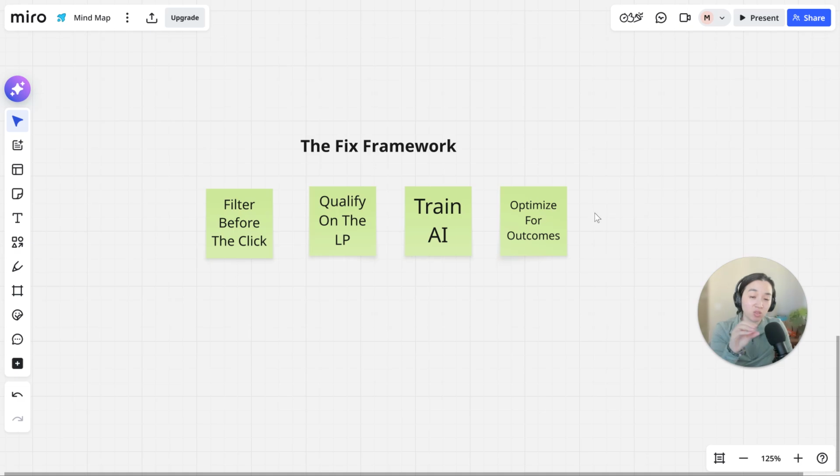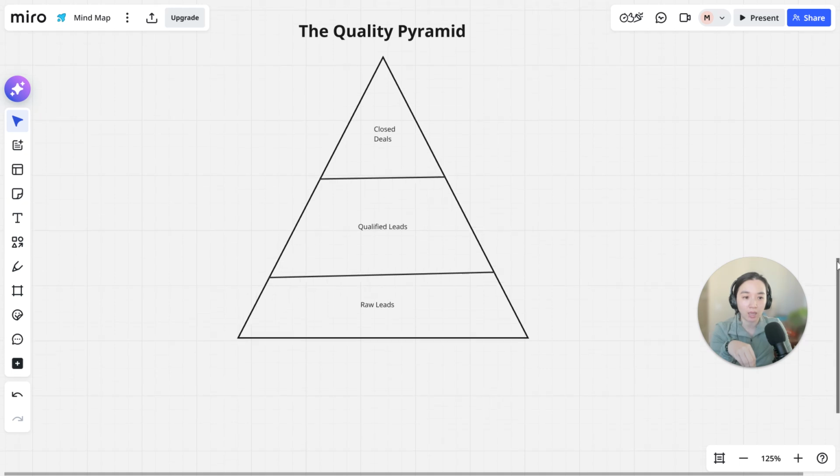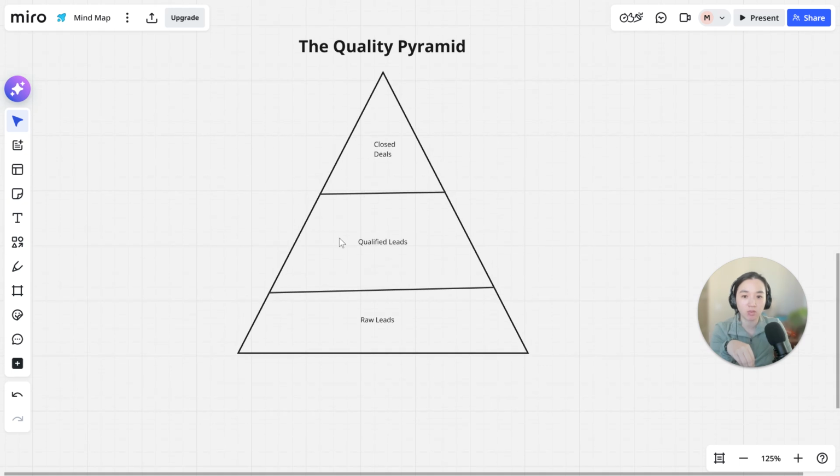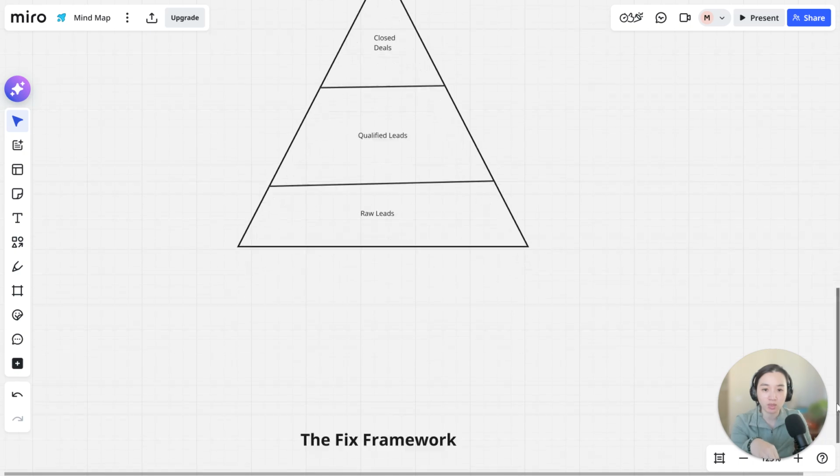Then optimize for outcomes. As I talked about on the actual pyramid, instead of focusing on raw leads, focus more on qualified leads. This is really where you're going to see the most difference when it comes to actually getting better quality and ultimately fixing this issue with Google Ads.